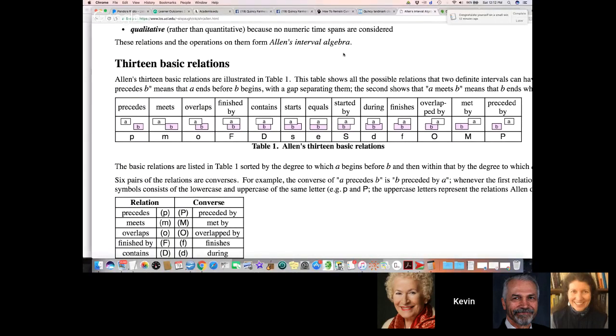But if you ask about the relationship of all the beginning and end points between two processes, you have to ask 13 questions. If you say, what is the relationship between A and B, people have to be able to respond with 13 different answers.